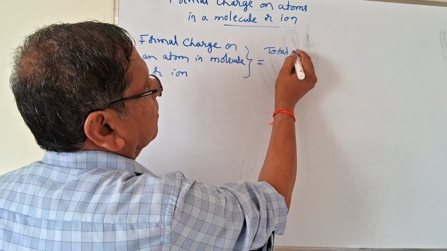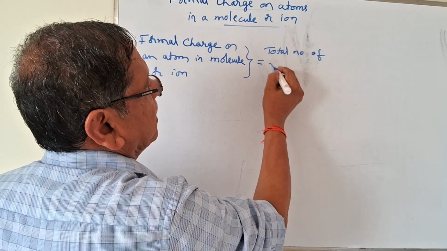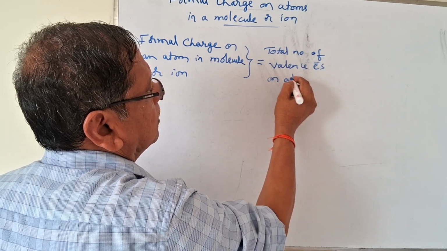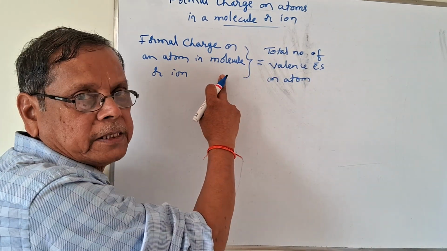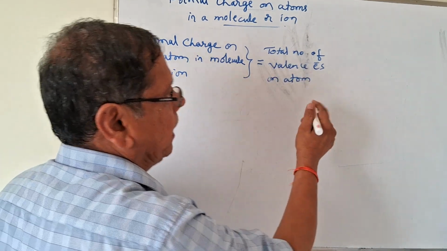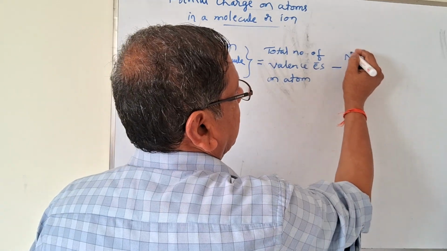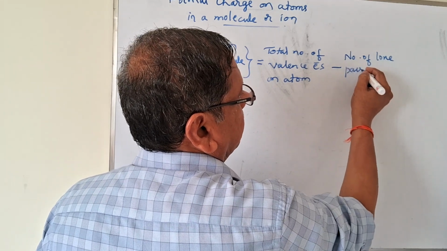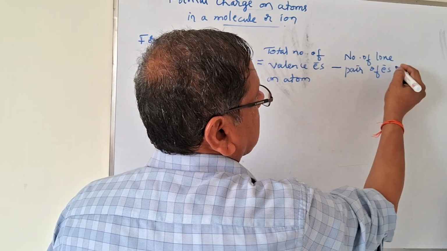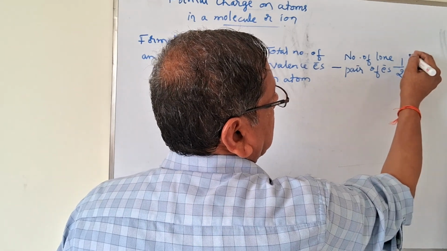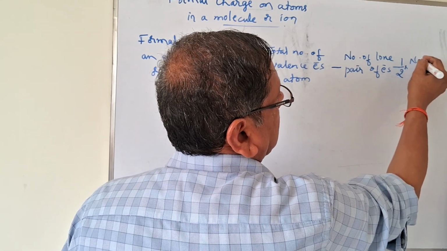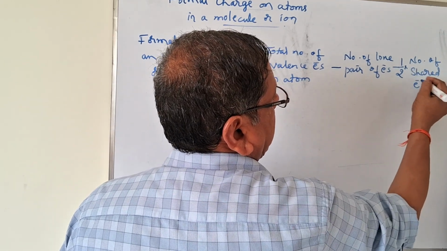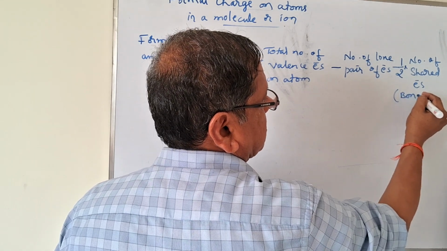formal charge is equal to total number of valence electrons on the atom for which we are actually calculating the formal charge. We have to consider the valence electrons of that atom, minus number of lone pair of electrons, minus half into number of shared electrons, which are nothing but bonded electrons.